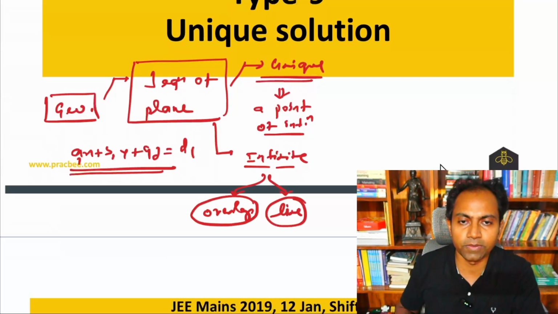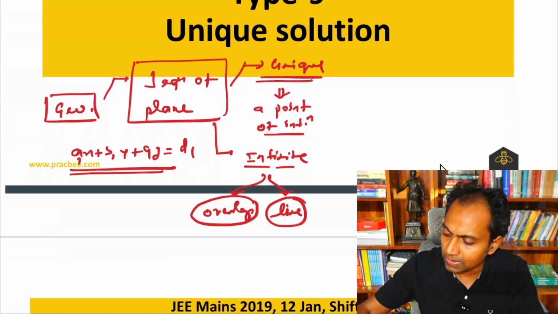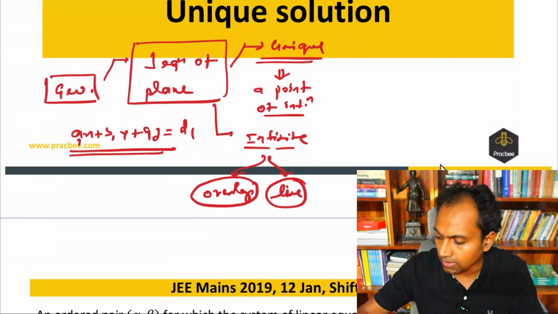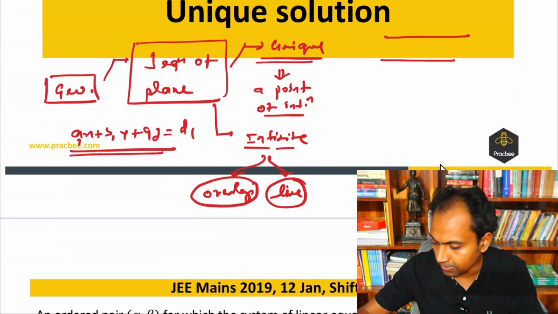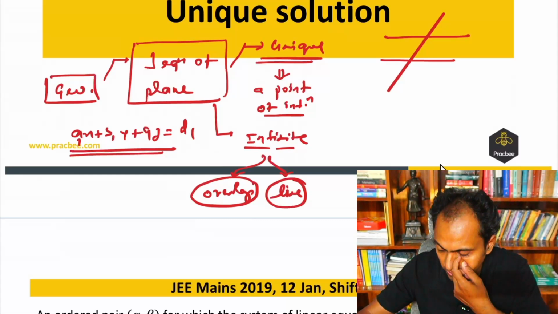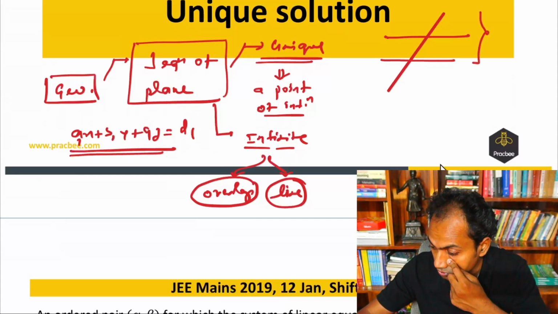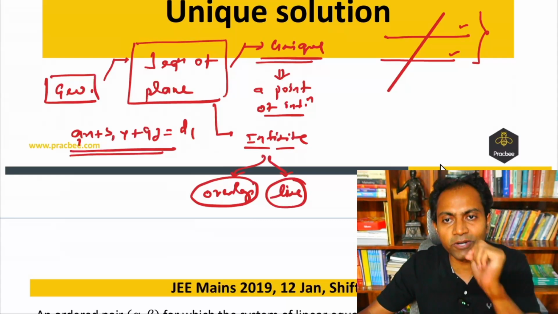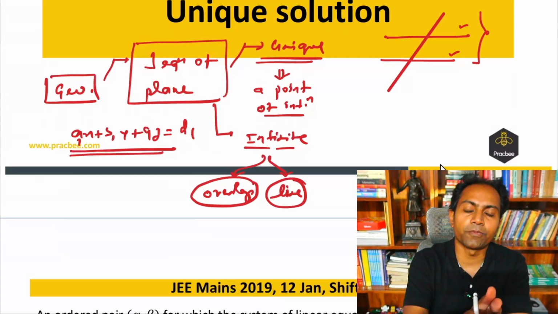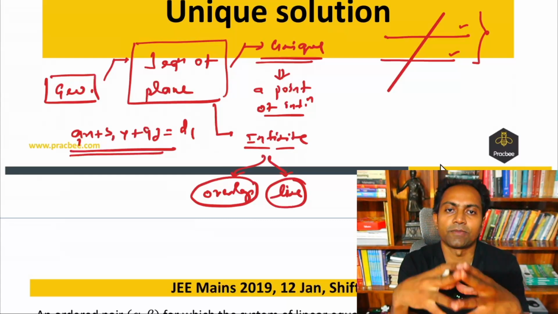Now it could happen, and this will lead to no solution, that two of the planes become parallel and then there is a plane intersecting both of them. So you can see that because of the nature of these two parallel planes, the determinant of A will become equal to 0 despite them not having a common solution. So if you understand this also geometrically from a 3D point of view, your analysis becomes complete.